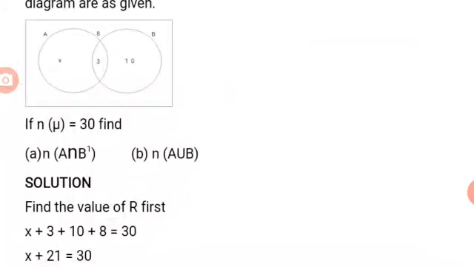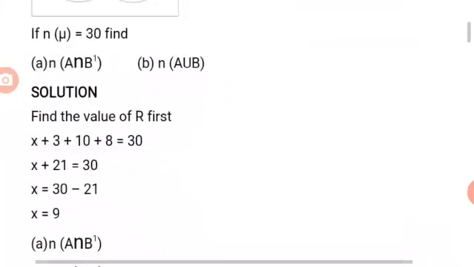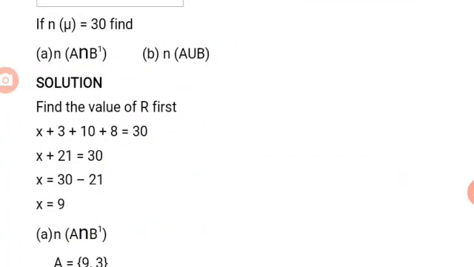Have you seen it? You add it. After adding it, you equalize it to 30.